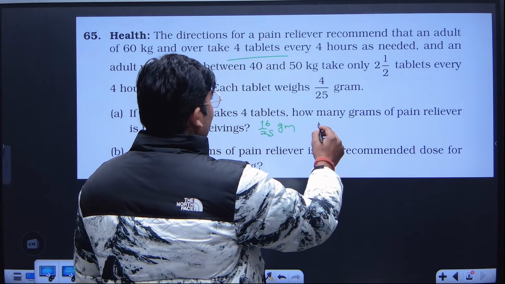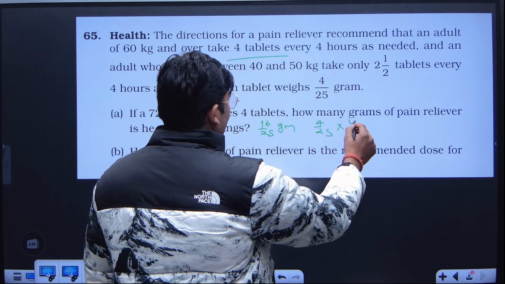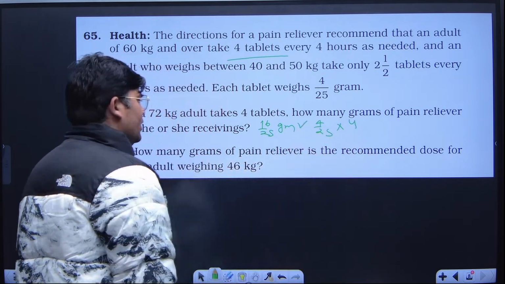So one tablet weighs 4 by 25, and if he is taking 4 tablets, you said 16 by 25 gram. Very good.